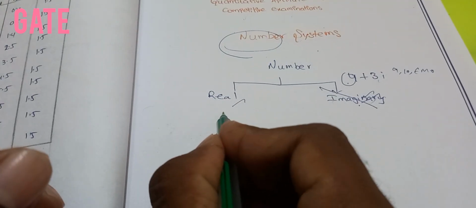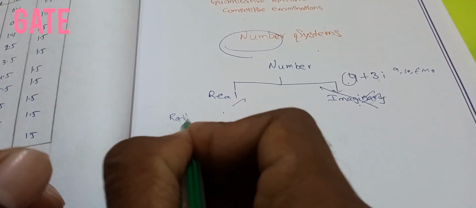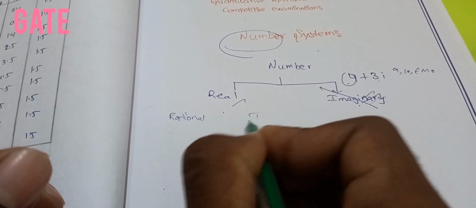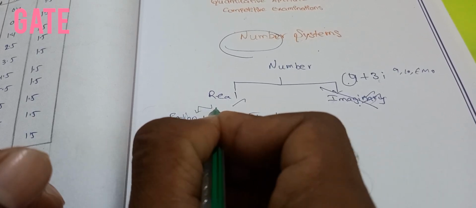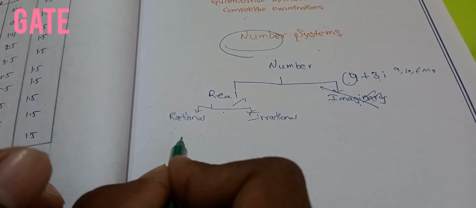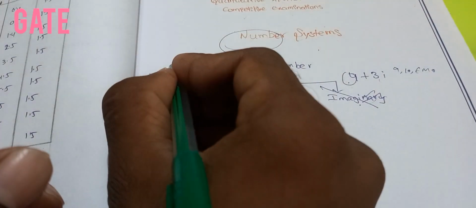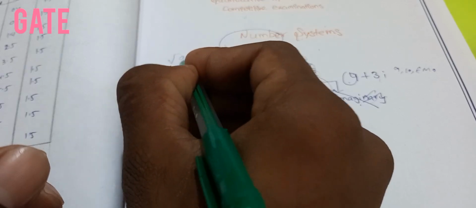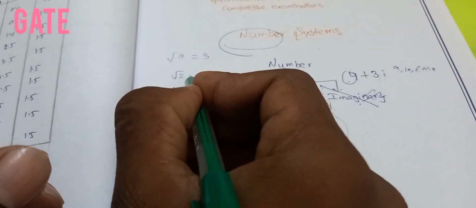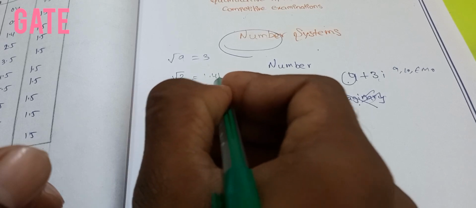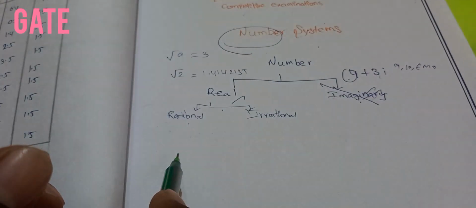Now, real numbers are divided into two types: rational numbers and irrational numbers. So let me consider an example to brief rational and irrational numbers. For example, root 9 equals 3 and root 2 equals 1.4142135.